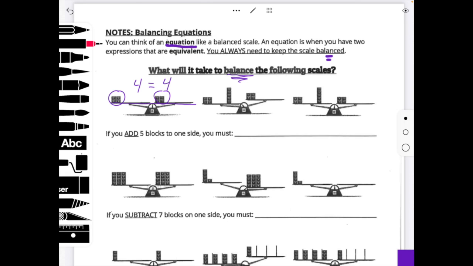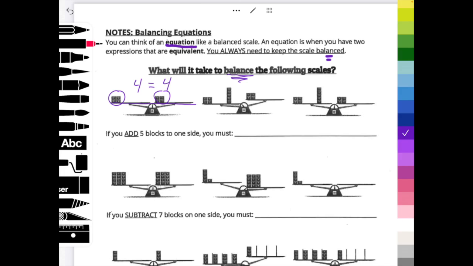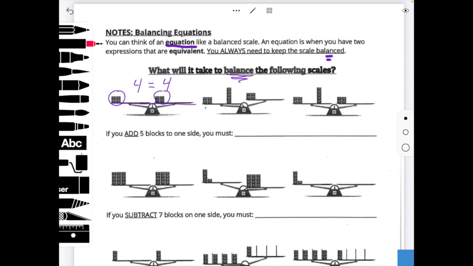And now it becomes unbalanced in this middle example. We have 4 plus 5 more. And now it's unbalanced. So what do we need to do to keep it balanced? 4 plus 5 equals, we need to add 5 on the other side to keep it balanced.